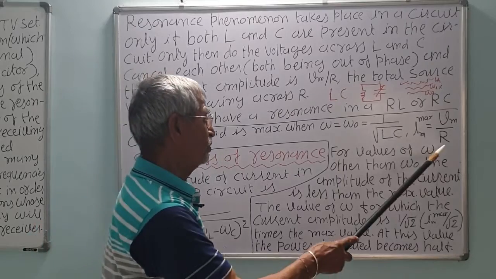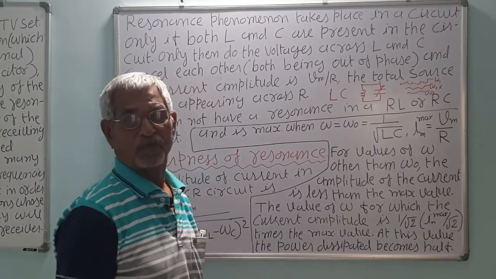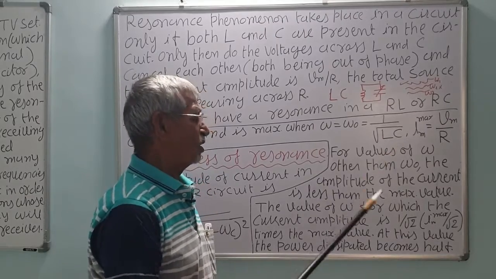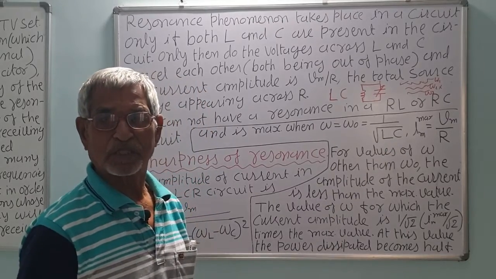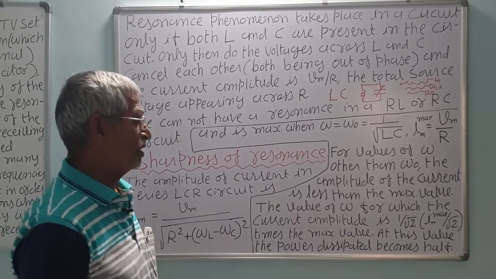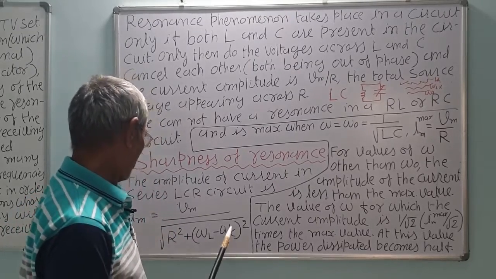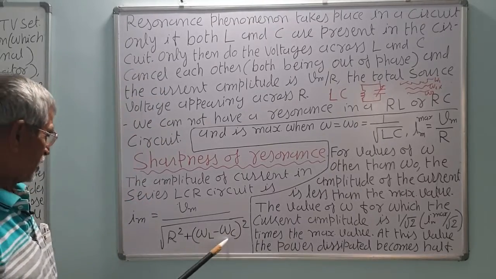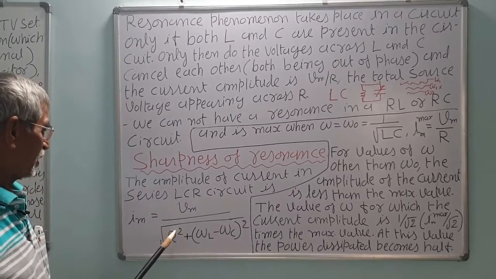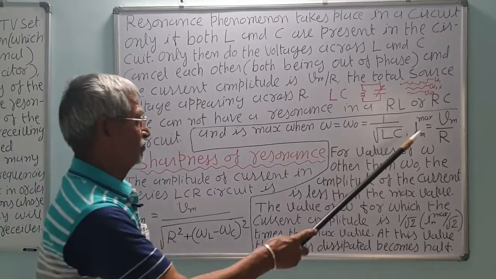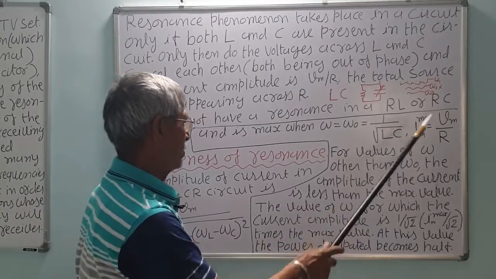Impedance is only equal to R. Vm upon Z, where Z is under root R square plus omega L minus 1 upon omega C whole square. These cancel, so only R square remains, and the square root of R square is R. That is, the amplitude of the current is Vm upon R.